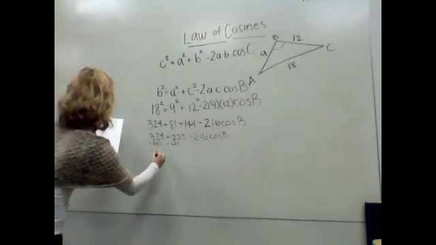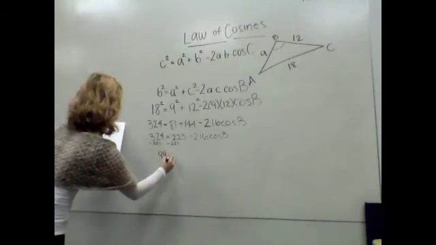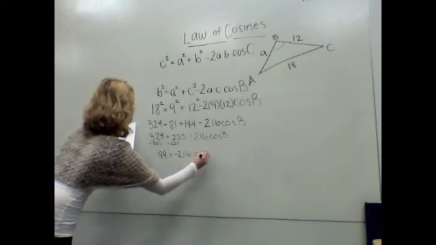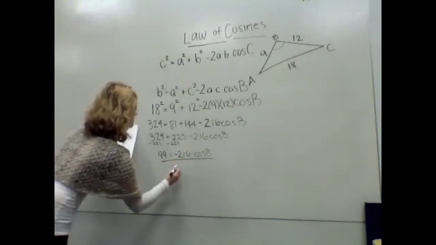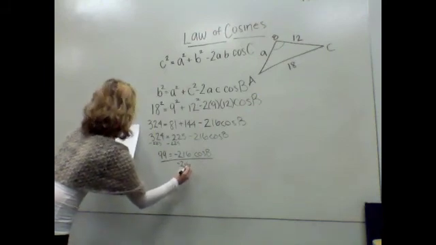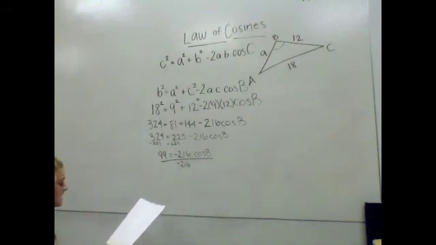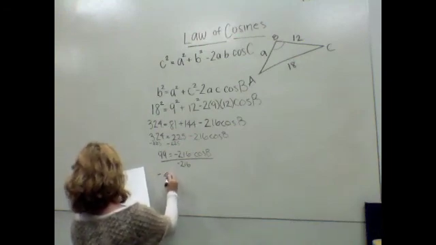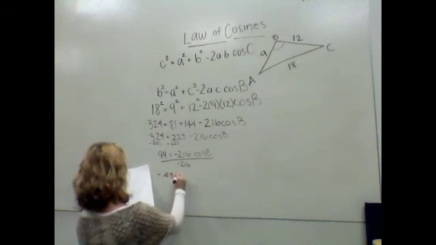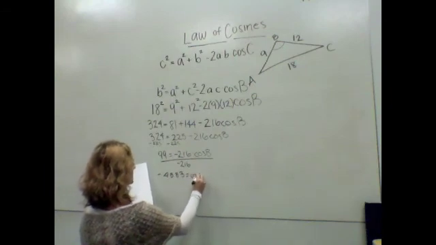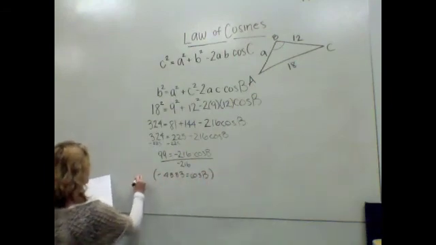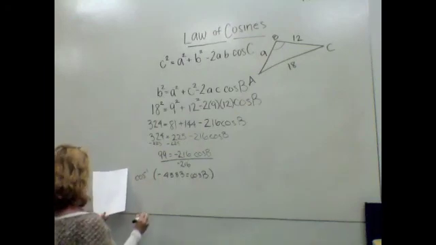So then I get 99 is equal to negative 216 times cosine of B. Divide both sides by negative 216. So 99 divided by negative 216, that gives you a decimal of approximately negative 0.4583 equals cosine of B. Now to undo a cosine, you just have to take the cosine inverse of both sides.